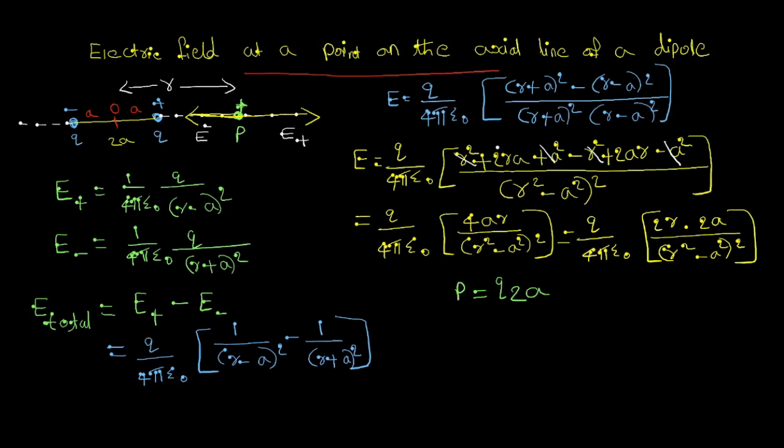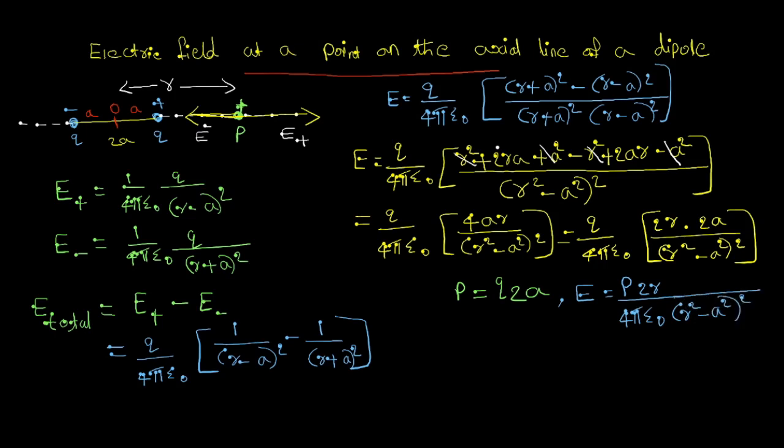Then we can write E is equal to p into 2r divided by 4 pi epsilon 0 (r square minus a square) the whole square.